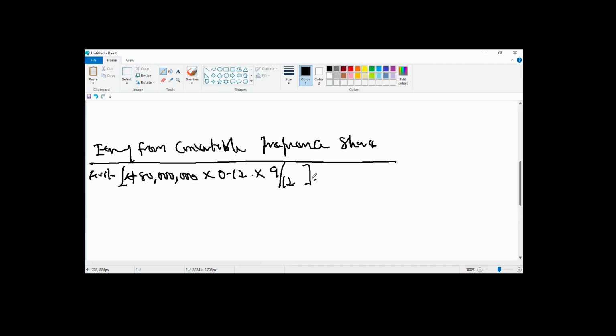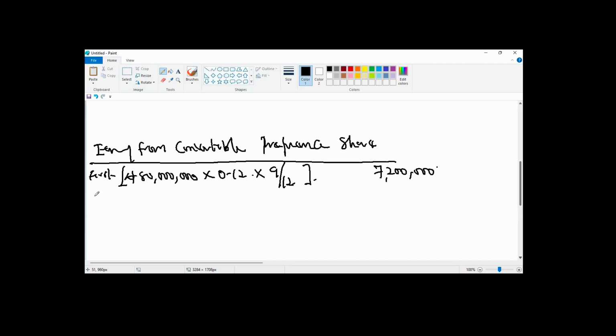What does it give us now? 7.2 million. 7.2 million is the earnings on the first one. On the second one, out of 120, 80 has converted.